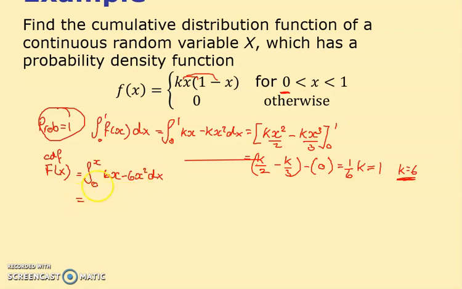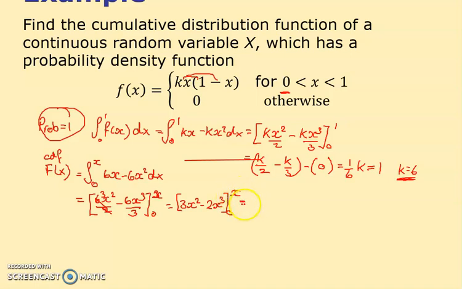So if I integrate again, I get 6x squared over 2 minus 6x cubed over 3, between 0 and x, sorry, that's where the 3 came from. So that cancels, that gets me 3x squared minus 2x cubed. And nicely on this one, if I put 0 into this, I get 0 out.